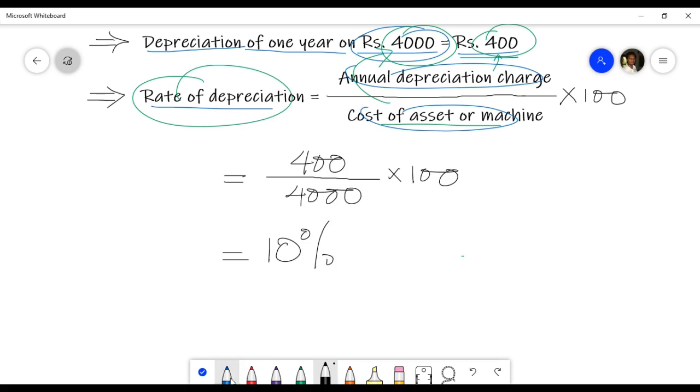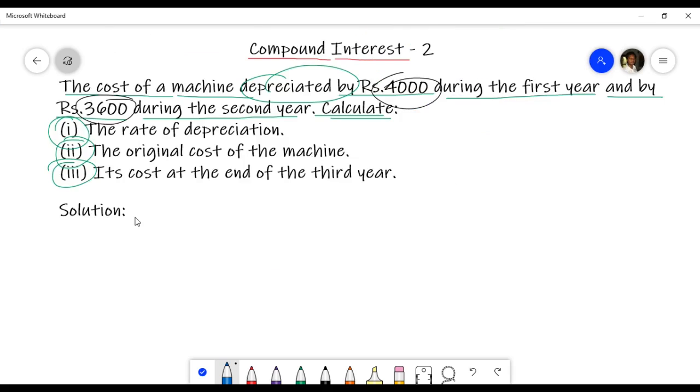So 10% is the rate of depreciation. I hope you understand this. You can just go back and see it again to understand it. Keep in mind the formula to find the rate of depreciation. So we have solved the first question, the rate of depreciation.